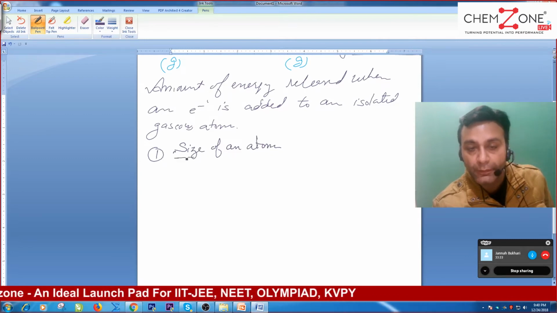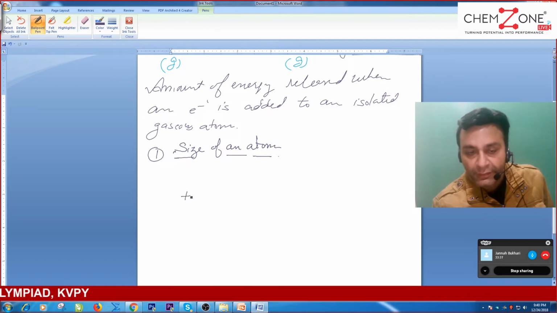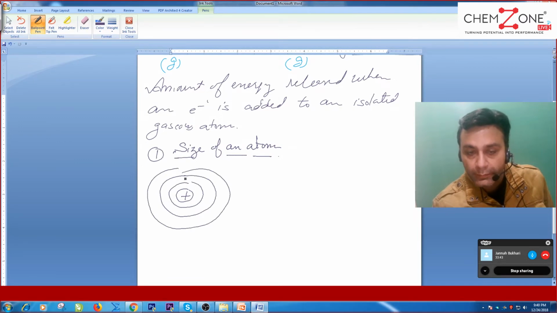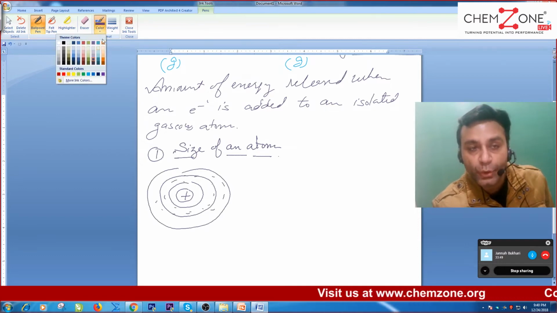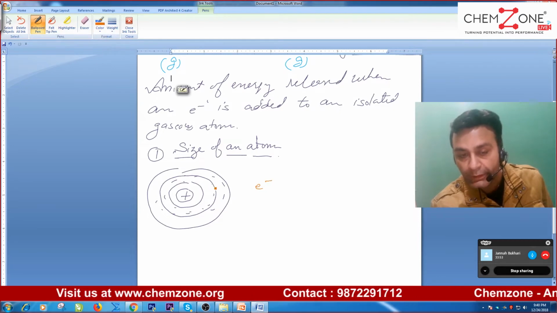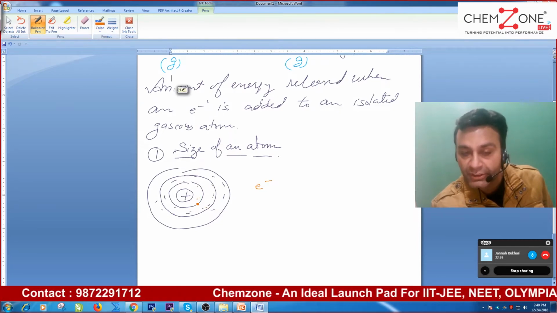It depends upon the size of an atom. You can see that if the size increases here, then the inner shell electrons will not allow the nuclear charge to go out effectively, because those electrons will be shielding the nuclear charge.